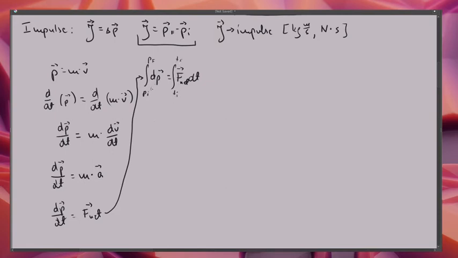So what I end up with on the left hand side is pf minus pi, and that gives me the integral of F dt. Now I'll drop the boundaries, but ti to tf is what I should have. When you look at the left hand side, that's pf minus pi, which is by definition impulse. So the impulse J is also the antiderivative of the net force acting on an object, dt.